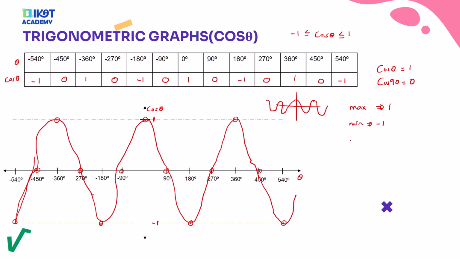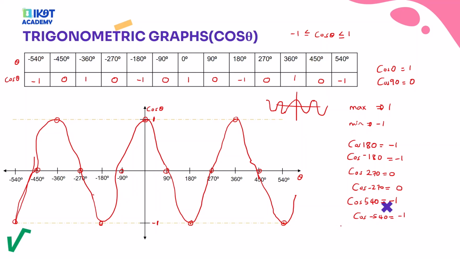Cos 180 from here is negative 1. Then what's cos of negative 180? It is also negative 1. Cos of 270 is 0, and the cos of negative 270 is also 0. Then the cos of 540 is negative 1, and the cos of negative 540 is also negative 1.